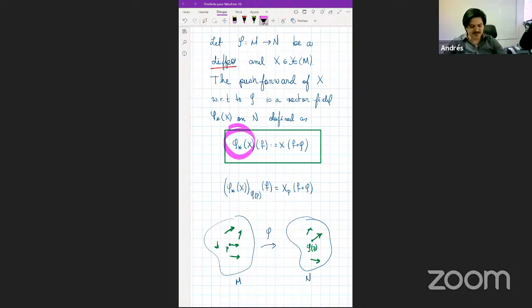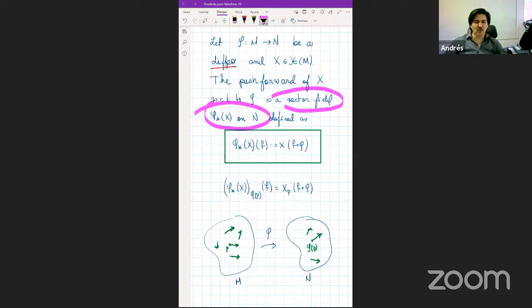And the whole idea is that I'm defining a vector field on M. That's why I need phi to be a diffeomorphism. Okay? But it is the same phi lower star that we have seen before. Like if you put coordinates, it is the Jacobian matrix. It's exactly that.